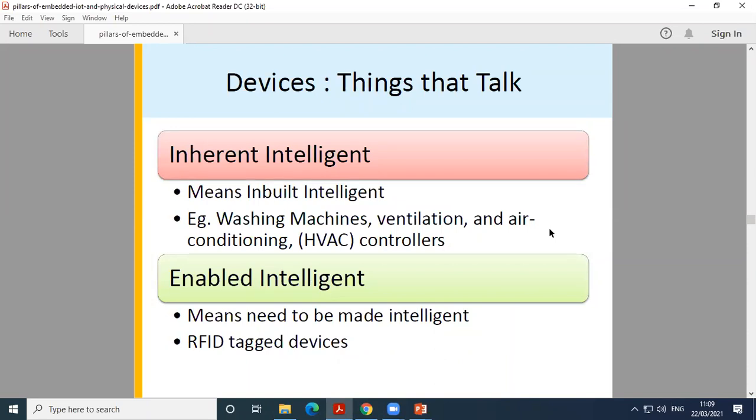As we have discussed in the previous sessions, IoT devices can be categorized into two types: one which has some form of intelligence built in, and those in which intelligence needs to be enabled. So some devices are already intelligent, with inherent intelligence, like a washing machine, fridge, ventilation and AC, which have some form of microcontroller logic.